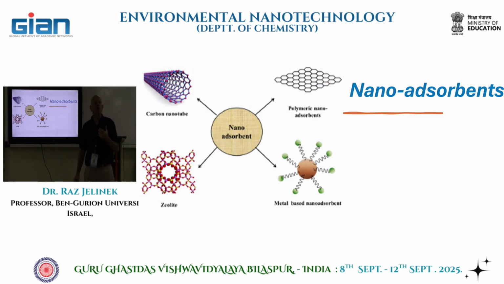Some of them are even commercial products. So we have here polymeric sheets. These are nano sheets from polymers. We can have carbon nanotubes, zeolites that are special materials with lots of surface area, and metal nanoadsorbers. All these nanomaterials can just absorb pollutants and remove them from water.